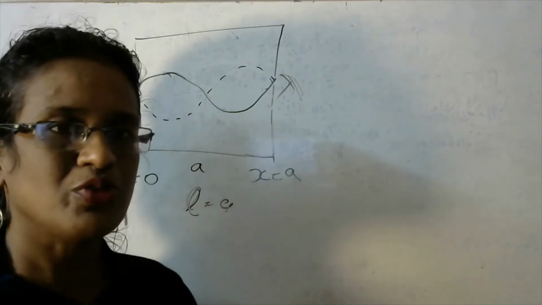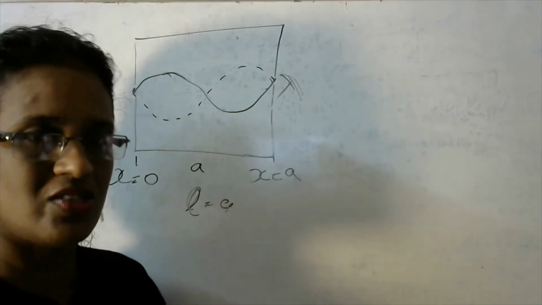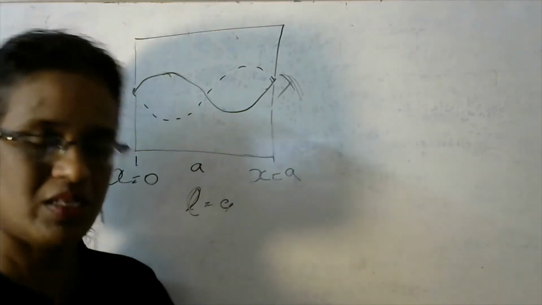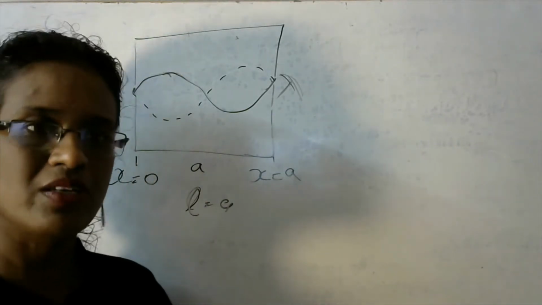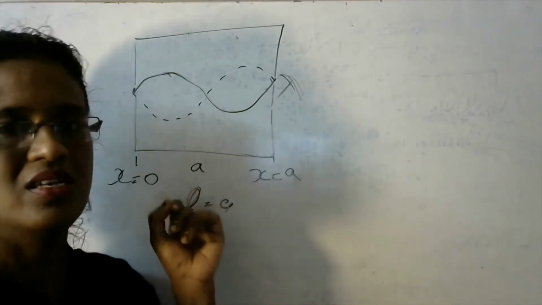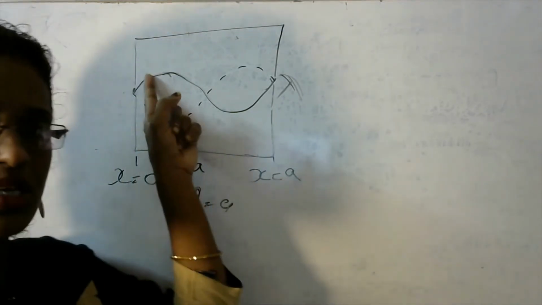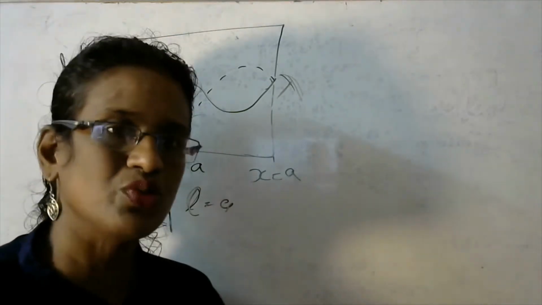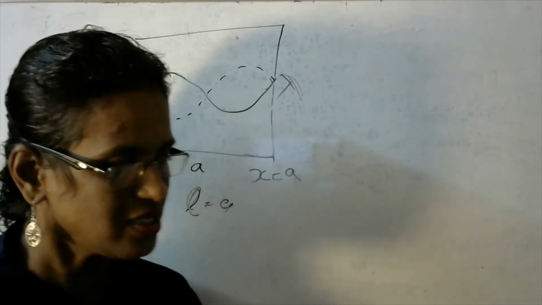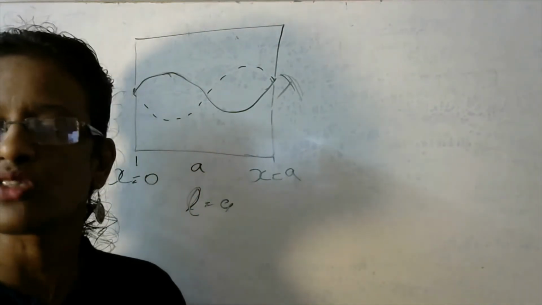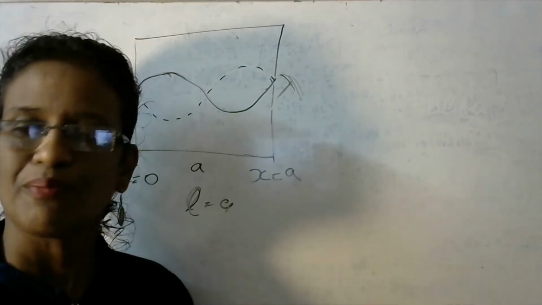For example, suppose you take the waves that are traveling along the x direction. How many waves may be formed and how will they propagate? How many modes of vibration are possible within that particular length of the x region? Similarly, you will have to calculate for the y region, and for the z region, and then add them up together, and find how many modes of radiation are possible inside a particular cavity.